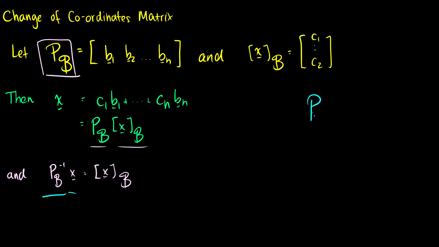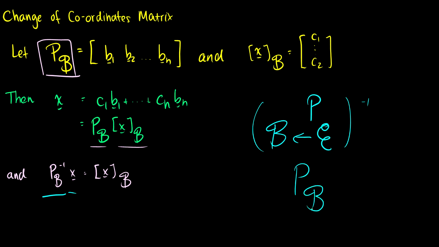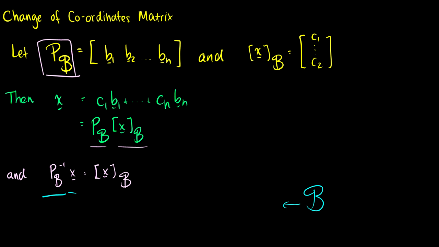So again, if we have something like E to B here, then the inverse of this we could always just write as P from B to E. So these are two ways we can write these things. But we'll cover this notation and changing from basis to basis a little bit later.